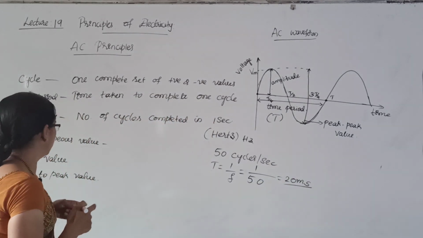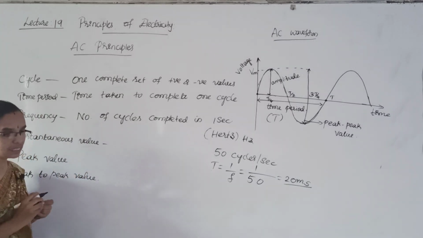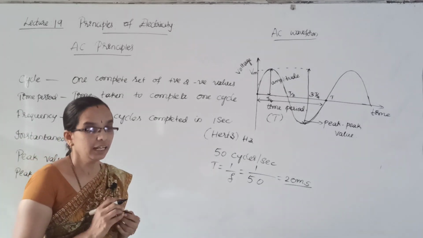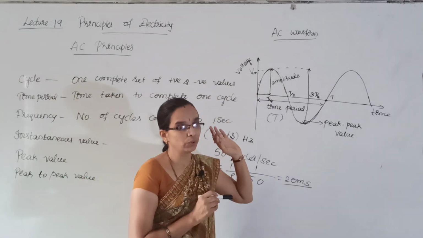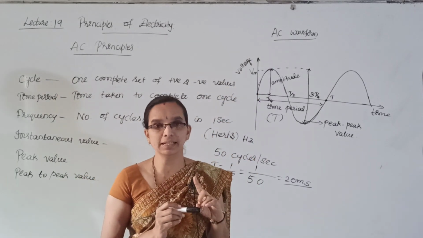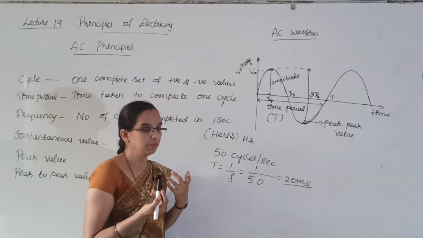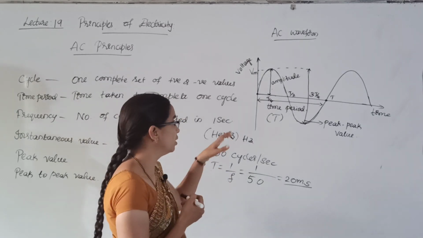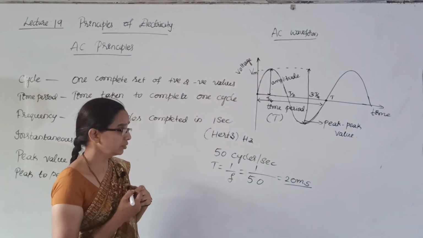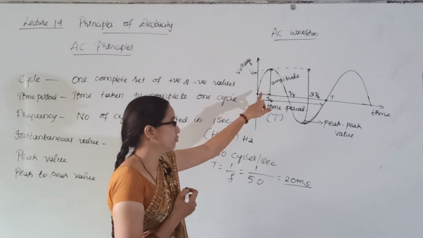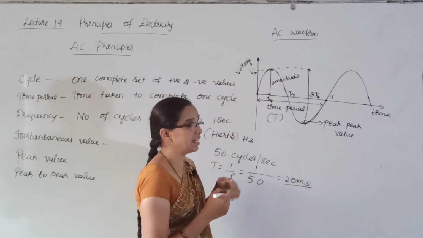Then instantaneous value. Instantaneous value is nothing but the value of AC voltage or current. Here I have considered only voltage; we will take any one and talk about it, and the same thing will apply for the current. The instantaneous value is the value of AC voltage at any instant of time.